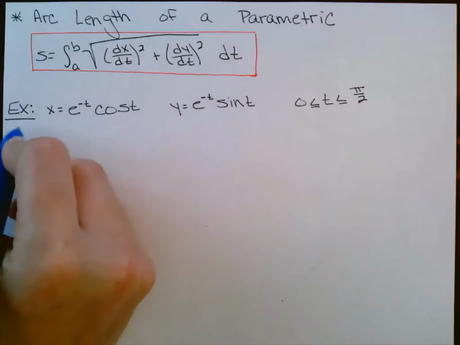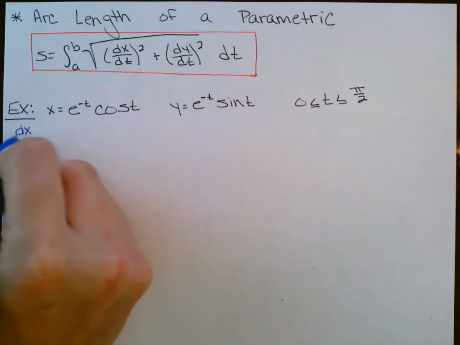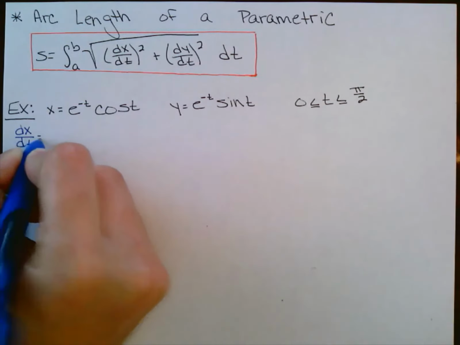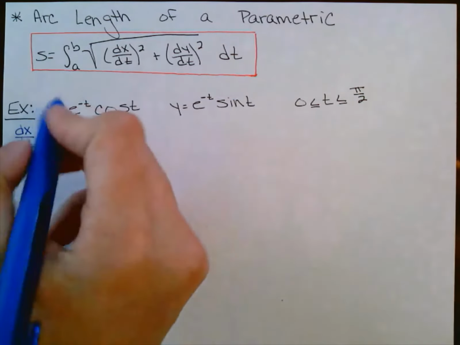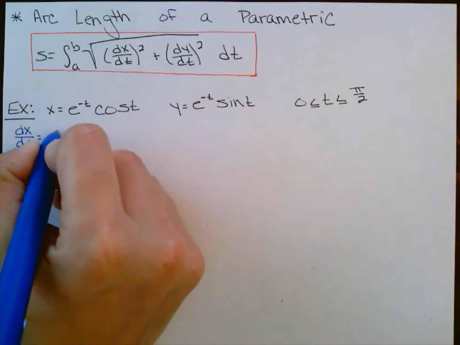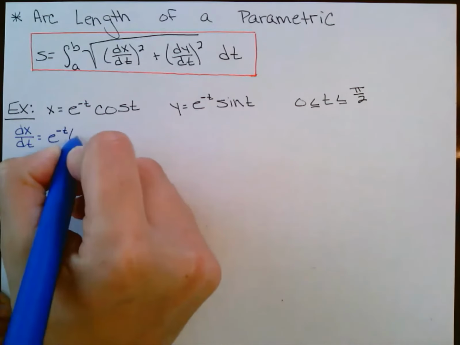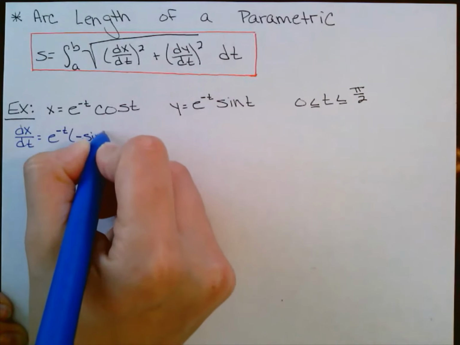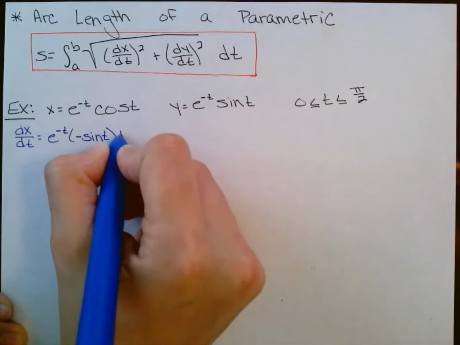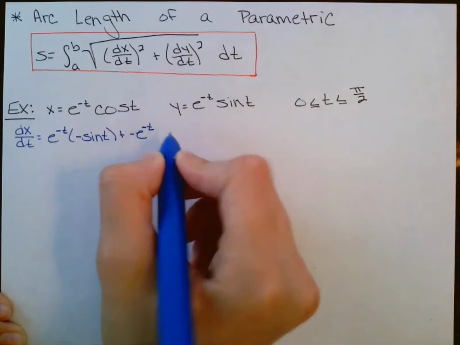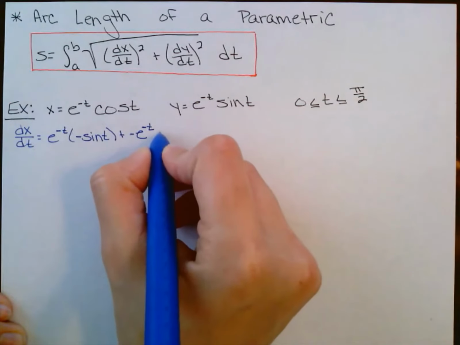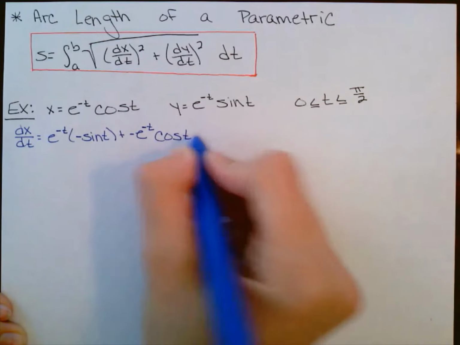Okay, so to begin with, dx dt would be the derivative. This here is going to be product rule. So I have first times derivative of the second plus derivative of the first, the chain rule there, times the second. Okay?